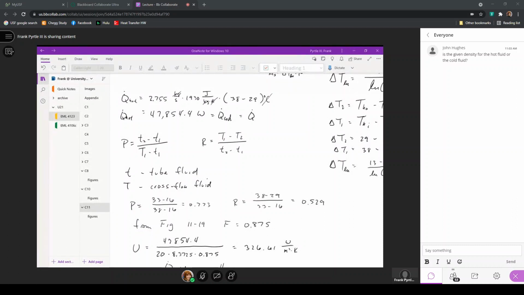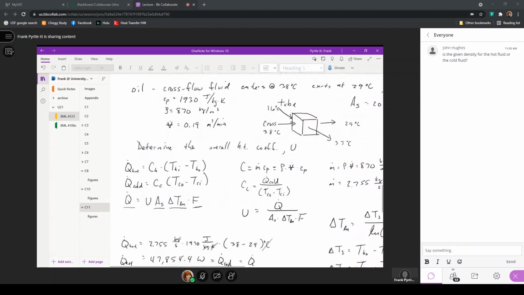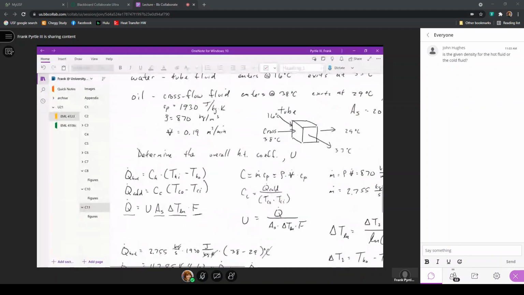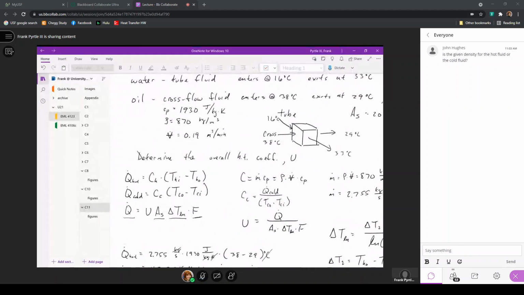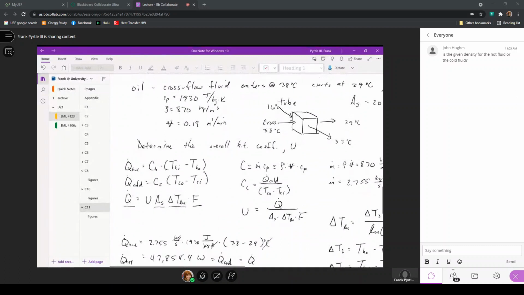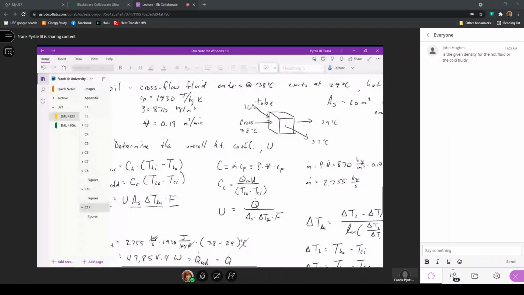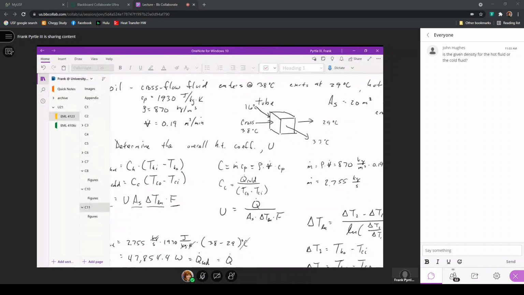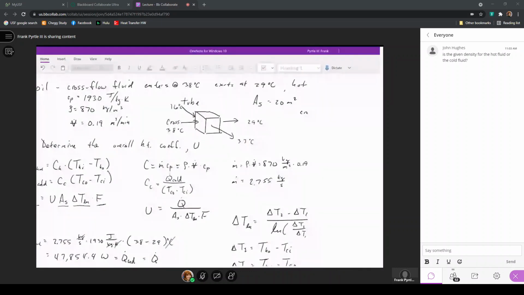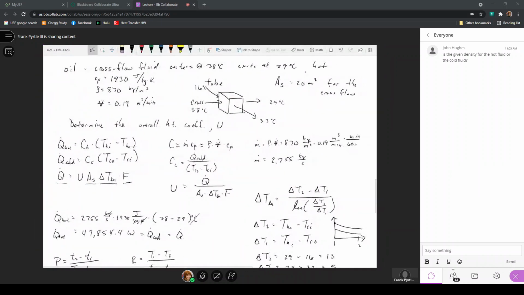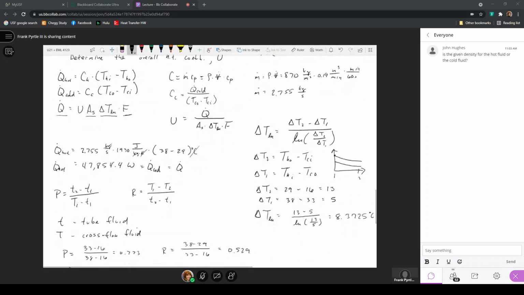We used the given density for the hot fluid, which I wrote right under the expression of the properties for the oil, and then I used it to calculate the mass flow rate for the oil to get the capacity rate for the oil. So it applies to the oil, which was the hot fluid that decreased in temperature through the heat exchanger.